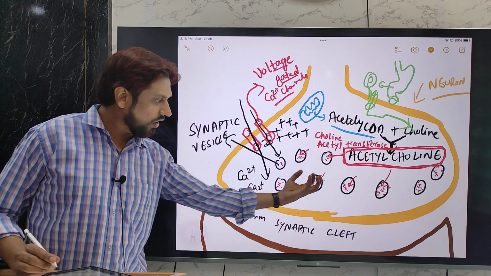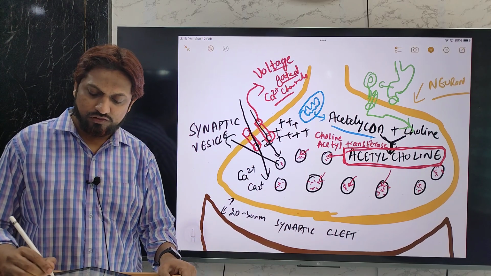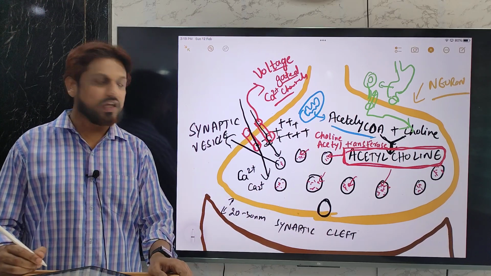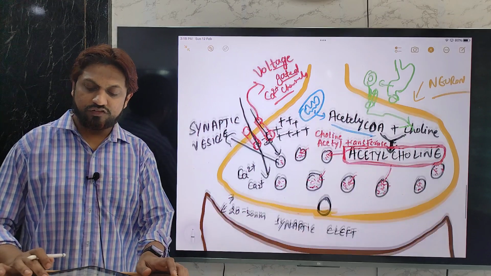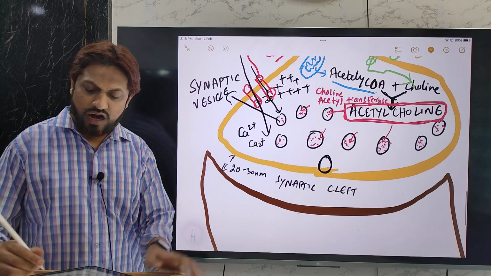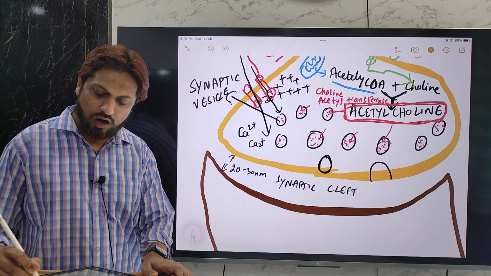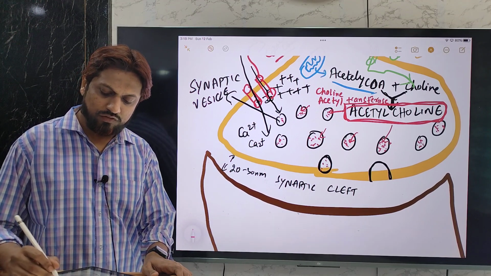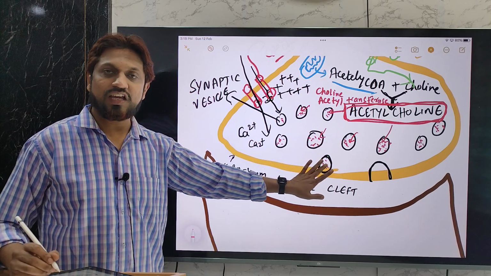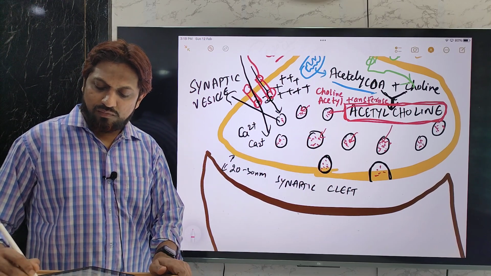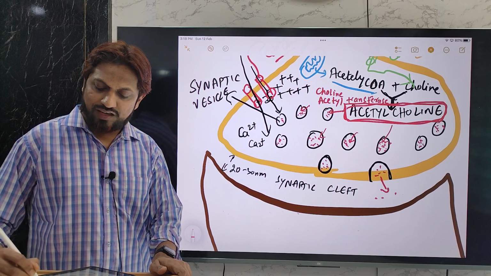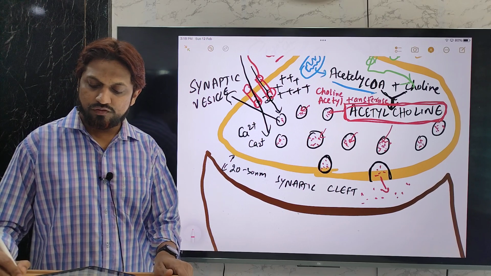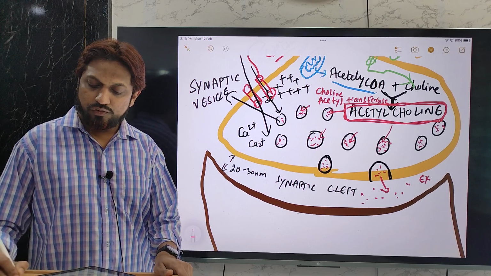The calcium will drag the synaptic vesicles towards the cell membrane near the neuromuscular junction, and ultimately the acetylcholine, which is formed and stored in the synaptic vesicles, is released out into the synaptic cleft space of the neuromuscular junction by the process of exocytosis.